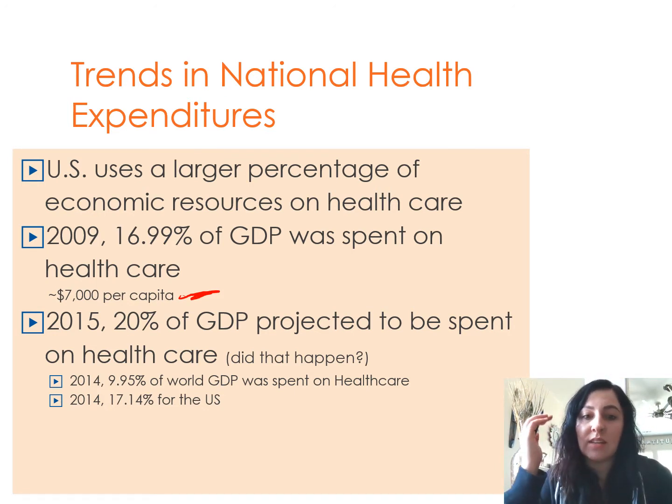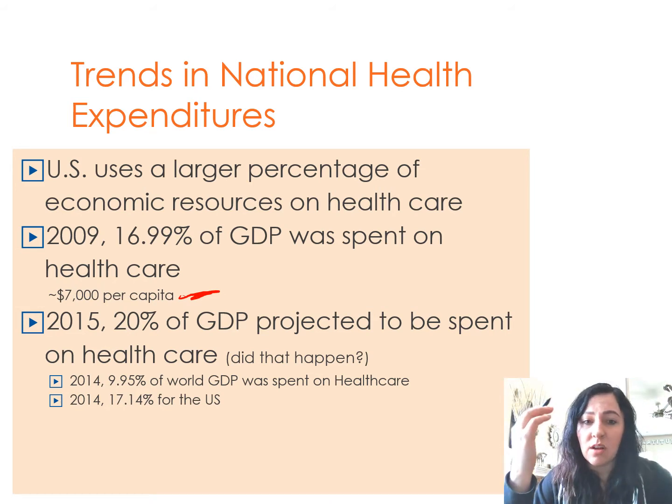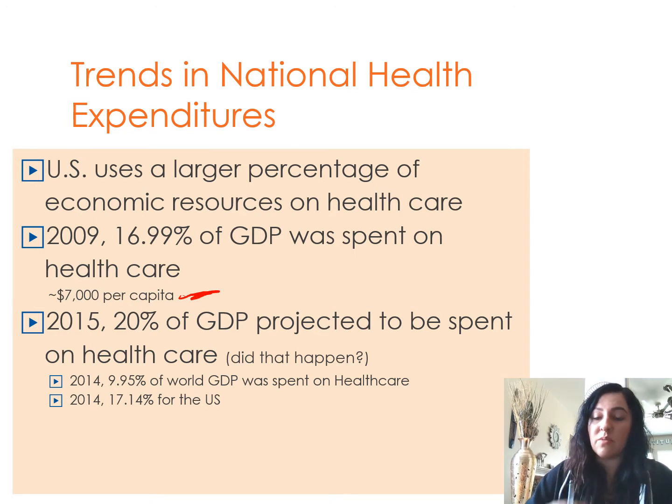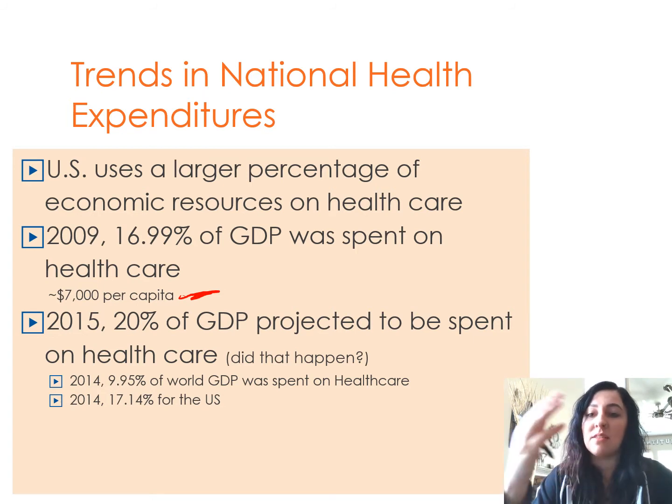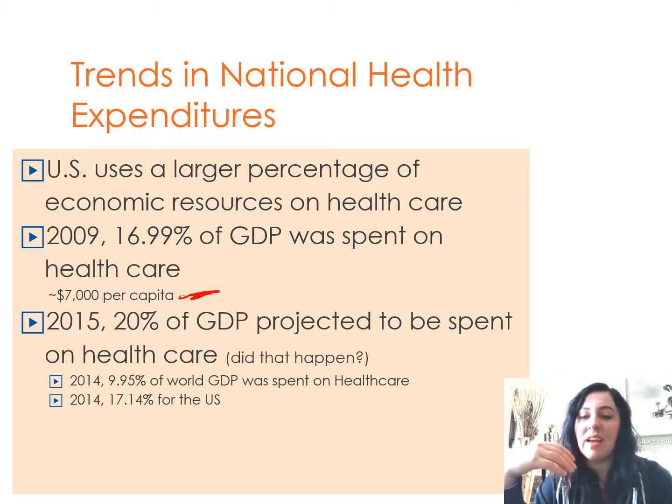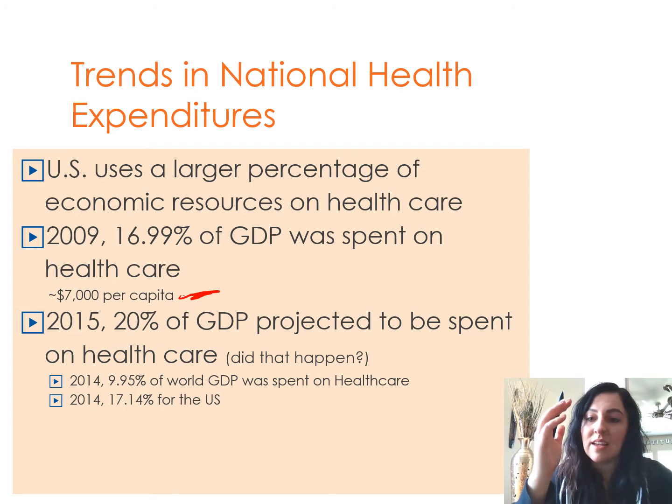But since then we have incorporated a lot of measures. That is also when the ACA came out. It came out in 2014, but it started to really be implemented in 2015 and 2016. So we started to spend less and less and control costs a little bit.